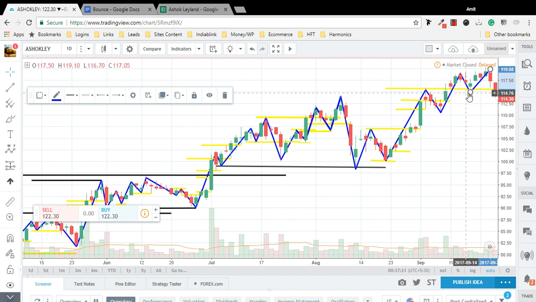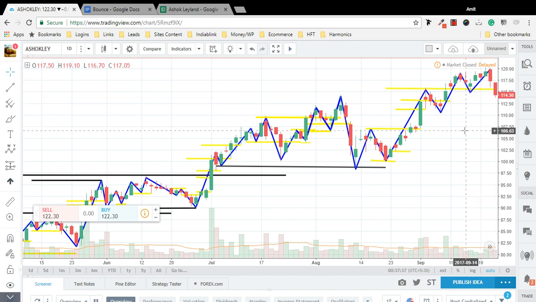So this is an aggressive stop loss because it is confidently and decisively breaking this uptrend when this low is broken. So our stop loss is hit at 115.7 instead of 114.30.